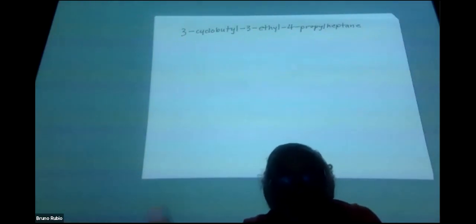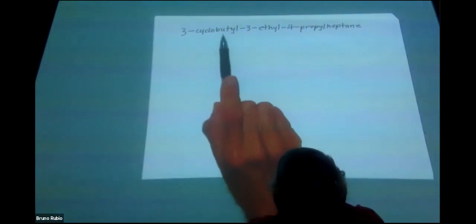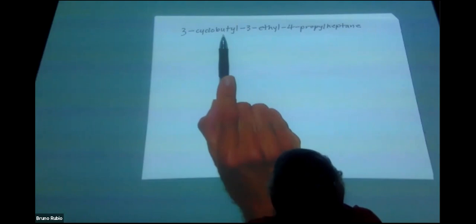All right. So the first thing we do is we find the parent. That's the last instance in the name of one of those parent syllables that doesn't immediately follow a replicating prefix or a number. Okay, bute is a parent syllable, but it's not the last instance of a parent syllable in this name.